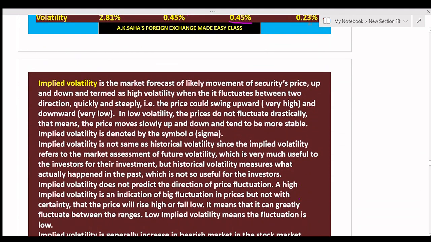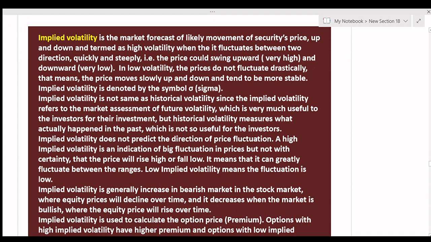Now comes implied volatility. Implied volatility is market forecast. Always remember, it is market forecast of likely movement of securities price in future up and down, and termed as high volatility when it fluctuates between two directions quickly and steeply.